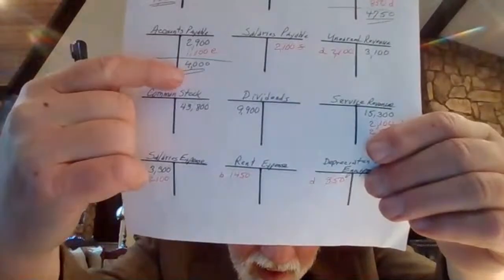What's next? Accounts payable went up to $4,000 because it was adjusted for item E.